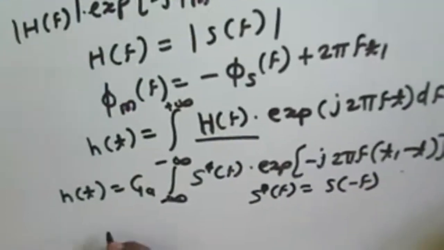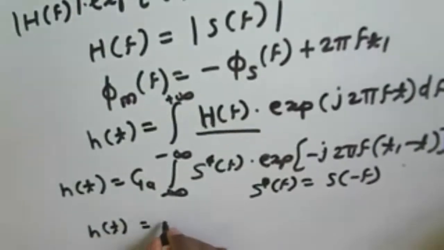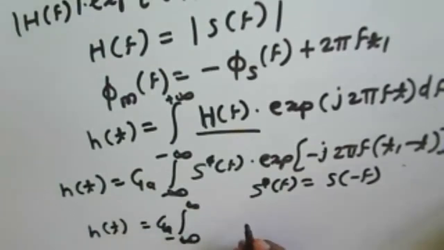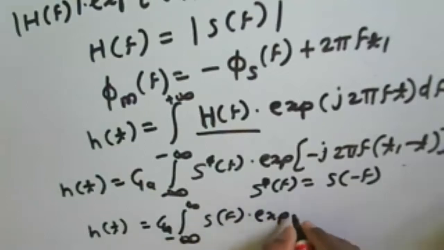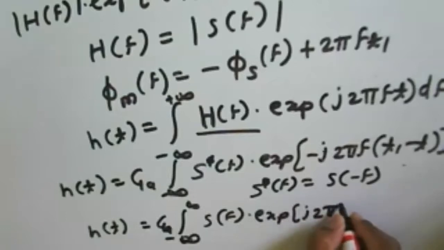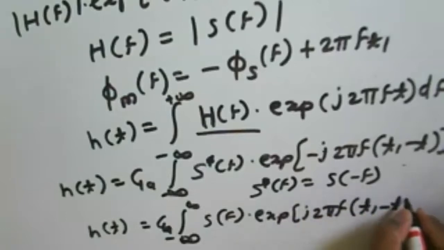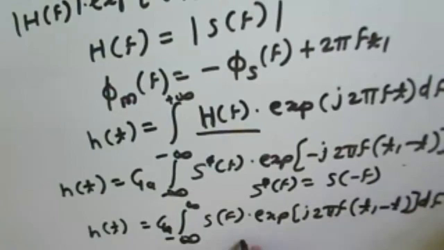So we can rewrite again h of t is equal to a constant gain, integral from minus infinity to plus infinity, then minus S of f instead of S of f here, exponential of j 2 pi f (t1 minus t) df, or equal to, we can write, a gain S of (t1 minus t), because our signal is what?